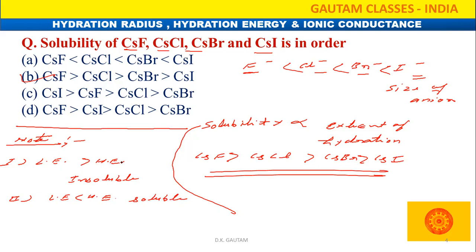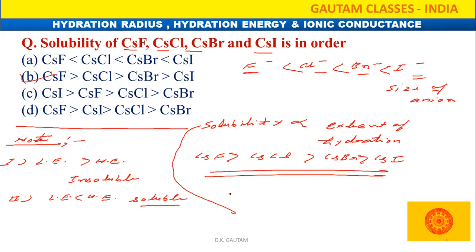Lattice energy greater than hydration energy, insoluble. Lattice energy less than hydration energy, soluble. You have to keep these two things in mind, because these questions come in our exam. If we know that, we can easily give the answer.